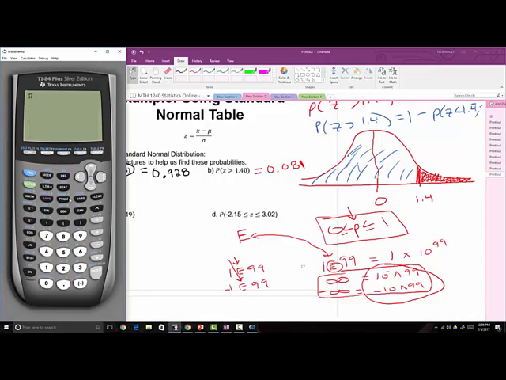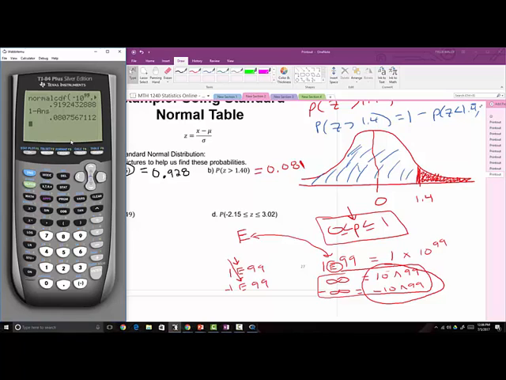Do second distribution, normal CDF, and then the lower bound we could type in negative infinity, so negative 10 to the 99th power. And then for the upper bound, type in 1.4, and you could get this answer. And so that's the area of this blue, right, that I colored in. If I do 1 minus this, so 1 minus second, and then answer, hit enter, we still get 0.081, right? So those are two different ways to do this.